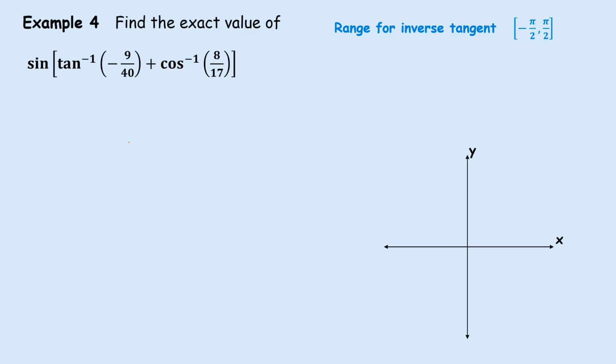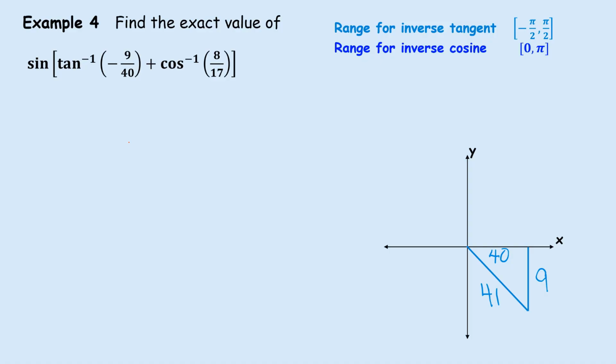That means the fourth and the first quadrants. So we're looking for an angle whose tangent is negative 9/40. That's a negative value, so that is going to happen in the fourth quadrant. So this angle, whatever it happens to be, has a tangent of negative 9/40. So opposite over adjacent is 9/40. If you use the Pythagorean theorem, you can find out that the hypotenuse is 41.